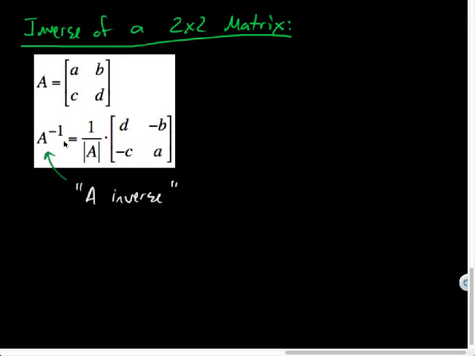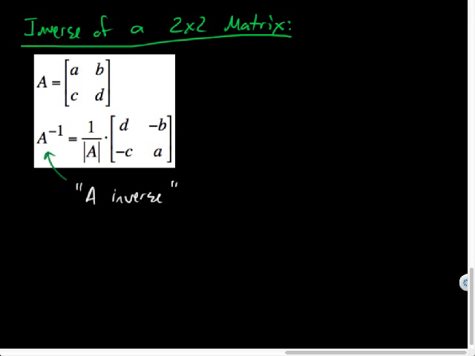You might remember the -1 exponent representing inverses before, when we did inverse functions back in the day. Also, recall that the multiplicative inverse was the reciprocal, and a to the -1, according to our properties of exponents, actually equals 1 over a. So that is just classic inverse notation.